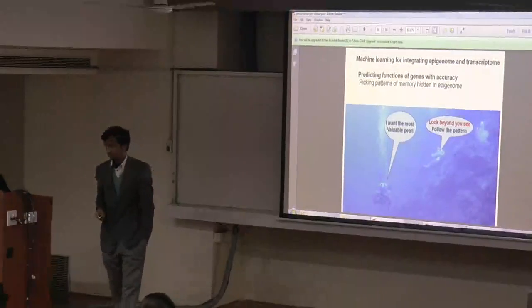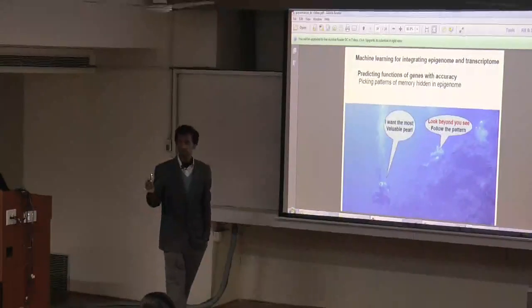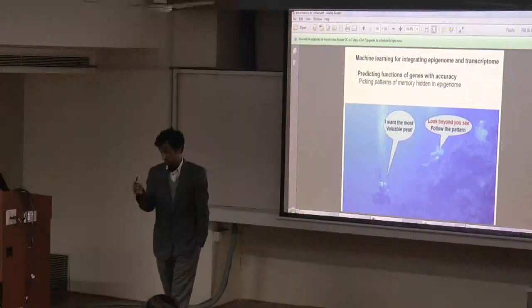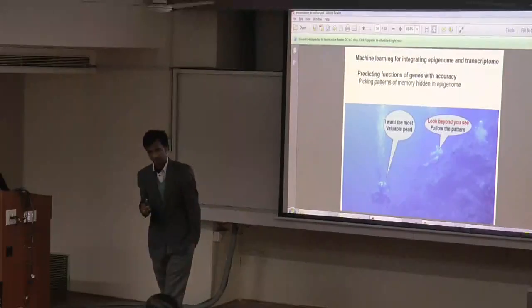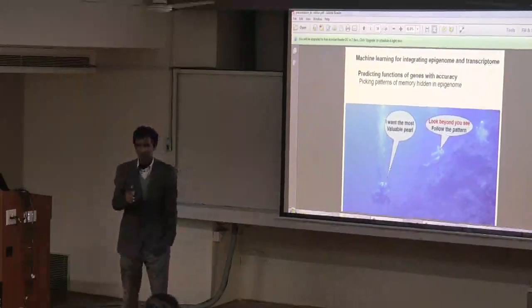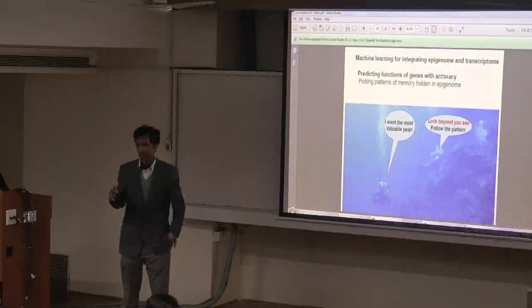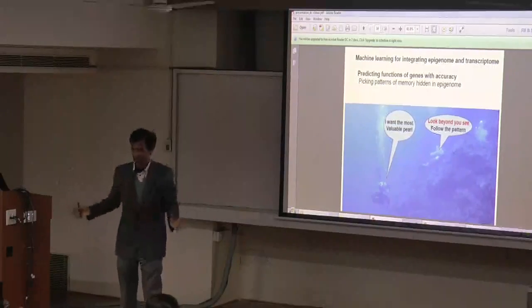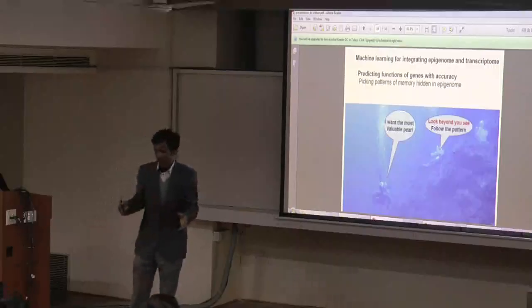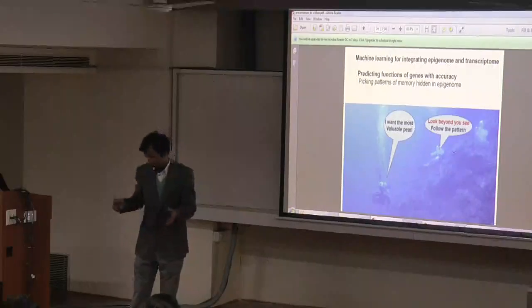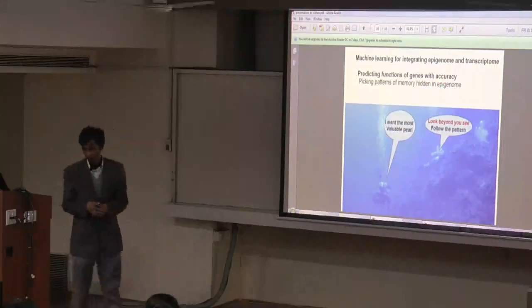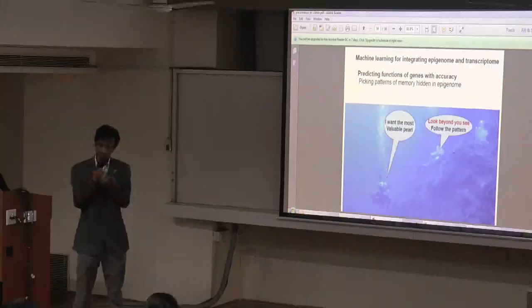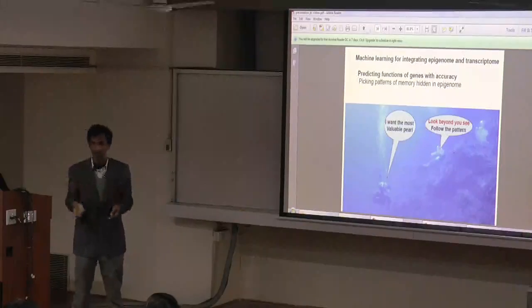So the question is, can we predict the function of genes just using epigenome and transcriptome data? One gene has different functions. There are 30,000 genes, but when they come together, they create billions of functions that we are still unaware of. Every gene has a Gene Ontology dataset which curates the function of genes, but it is still incomplete.